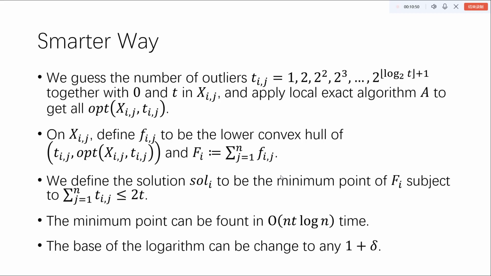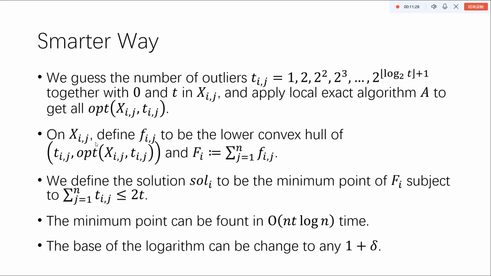We actually have a smarter way to do that. Our method is still by guessing, but in a smarter way. So we guess all the numbers of power 2 which are smaller than t, together with 0 and t. We try all such T_ij, and then apply a local exact algorithm to get the local optimal solution, OPT(X_ij, T_ij).